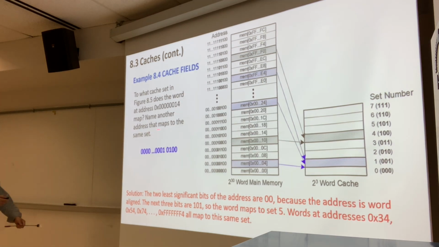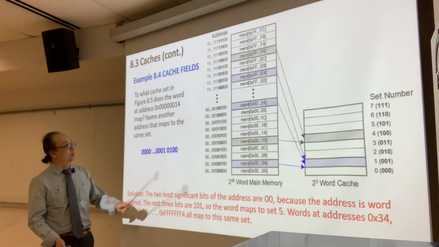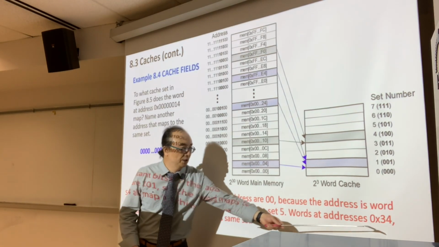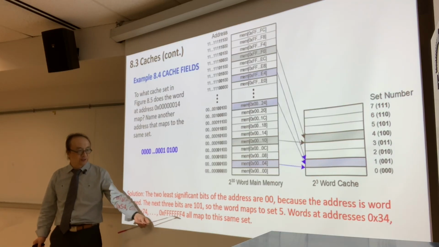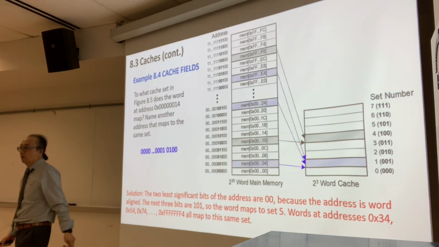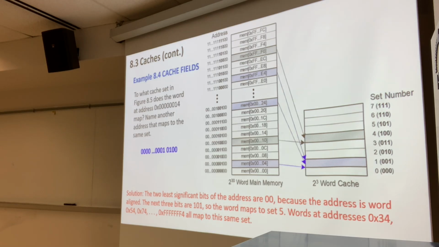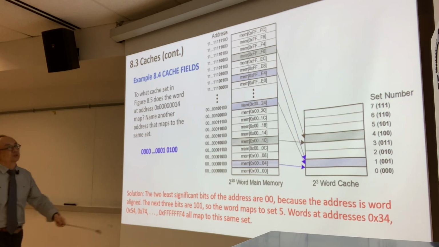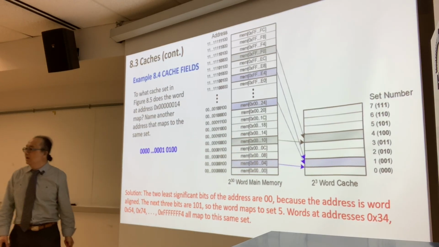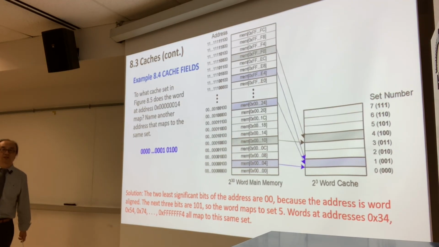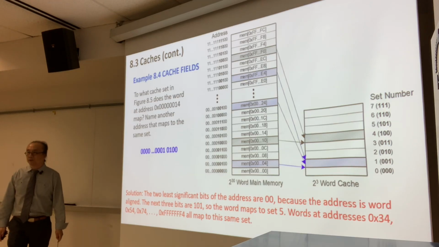And name other addresses. So we have 0x1434, 0x5474, all the way down to 0xF4. Anything where the lower hex value is 4, we're going to store in the same location of the cache, which is 101. Make sense? Question: is the offset always 2 bits? Not really.